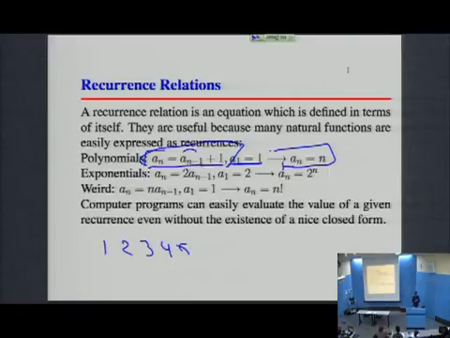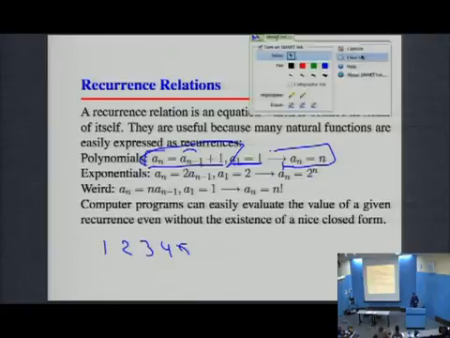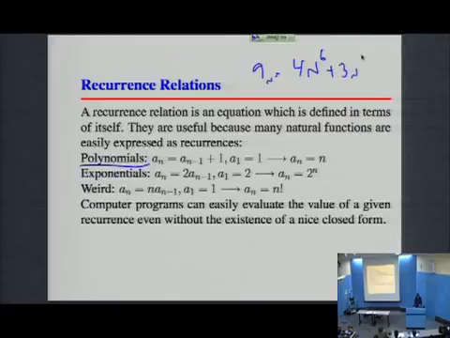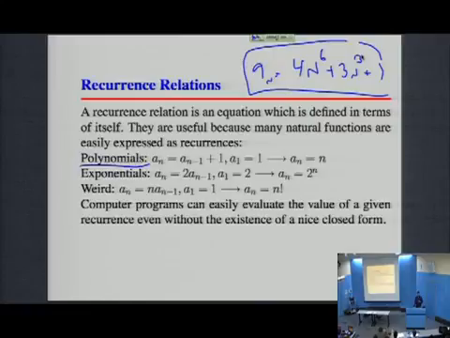What's interesting about recurrence relations is that they naturally express all kinds of different functions. An amazing number of natural functions are easily and concisely represented by recurrence relations. Any polynomial, like a_n = 4n^7 + 6n^6 + 3n^3 + 1, can be defined by a recurrence relation.